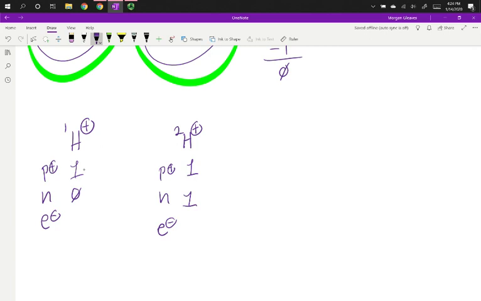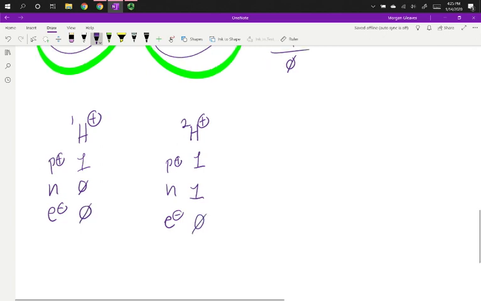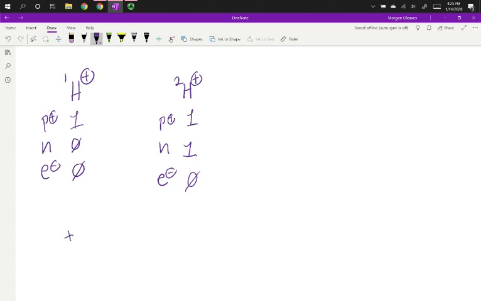Well, it comes with a single plus. If I have any minuses, that will go away. So I must have no minuses. And so for both of these, this would look like just the nucleus. There's a proton, or there's a proton and a neutron. There are no electrons around them.